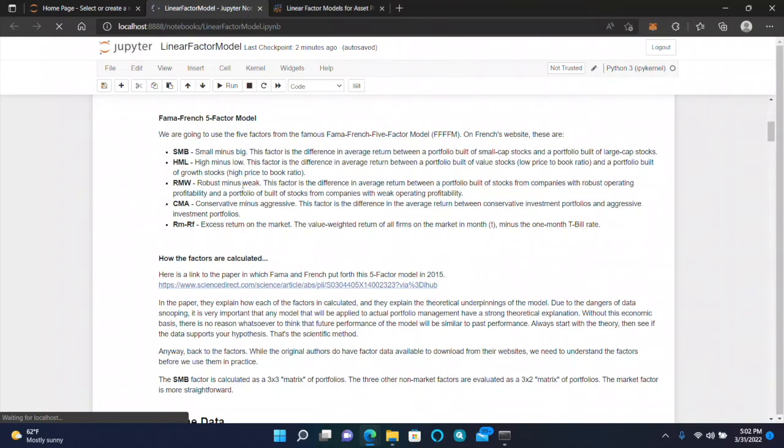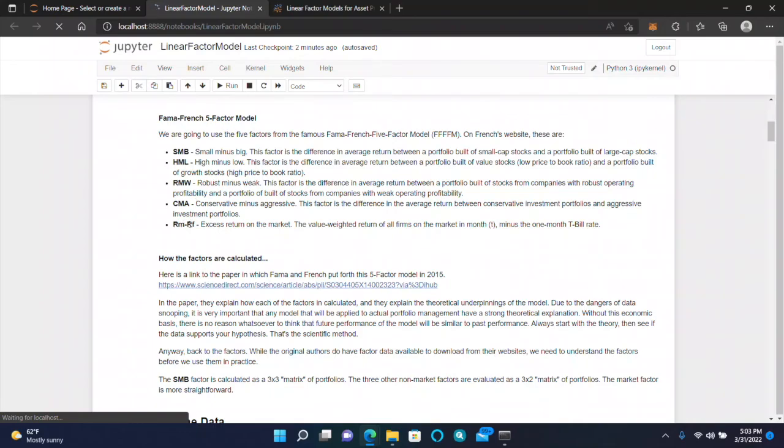Then we have robust minus weak, which is the difference in average return between a portfolio built of stocks from companies with high operating profitability and a portfolio of stocks with relatively weak operating profitability. We have conservative minus aggressive, which is the difference in average return between a conservative investment portfolio and an aggressive investment portfolio. Less investment versus more investment.